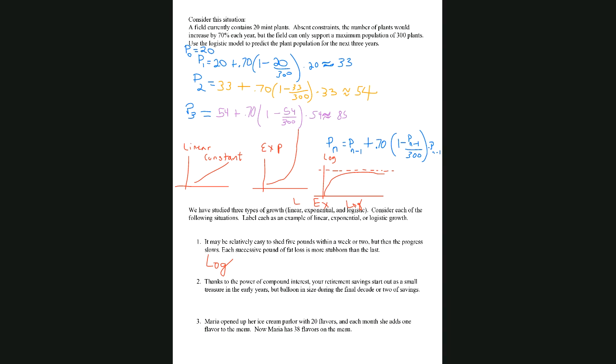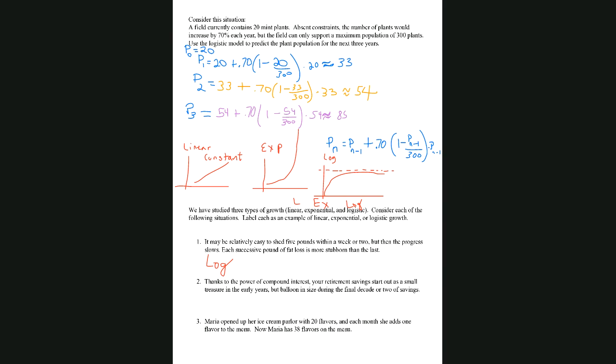And so with losing weight, there is an amount under normal conditions that your body is fine at that weight. So there's an amount that you want to sort of stop at. That's the carrying capacity.